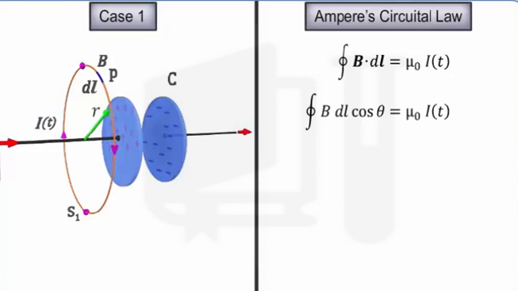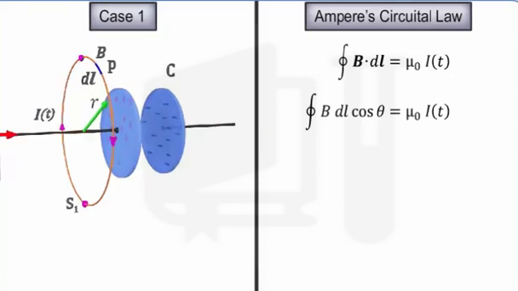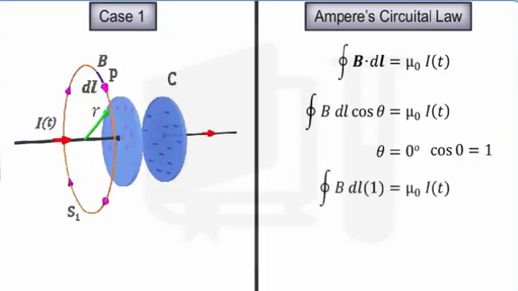Since the direction of the magnetic field is along the circumference of the circular loop, the angle between the magnetic field and the element dl at that point is 0 degrees. Cos 0 is equal to 1. Then, the integral over the closed loop of B dl is equal to mu naught I(t). Let this be equation 1.